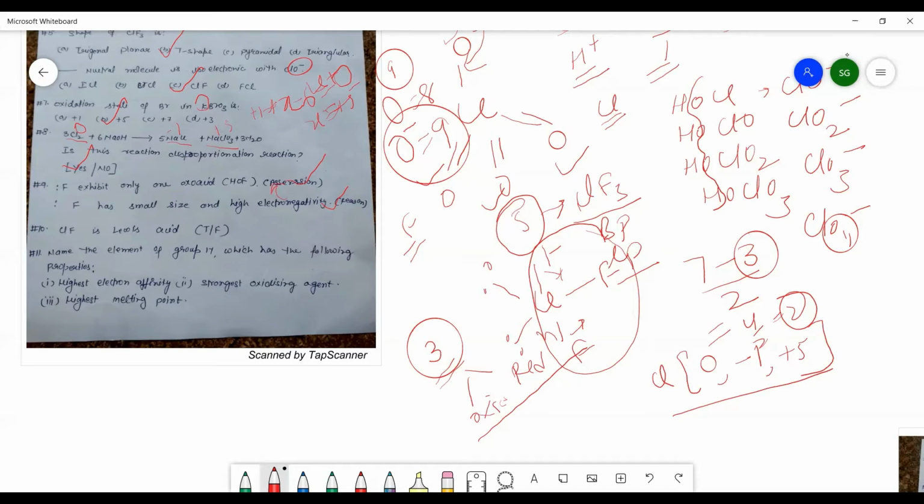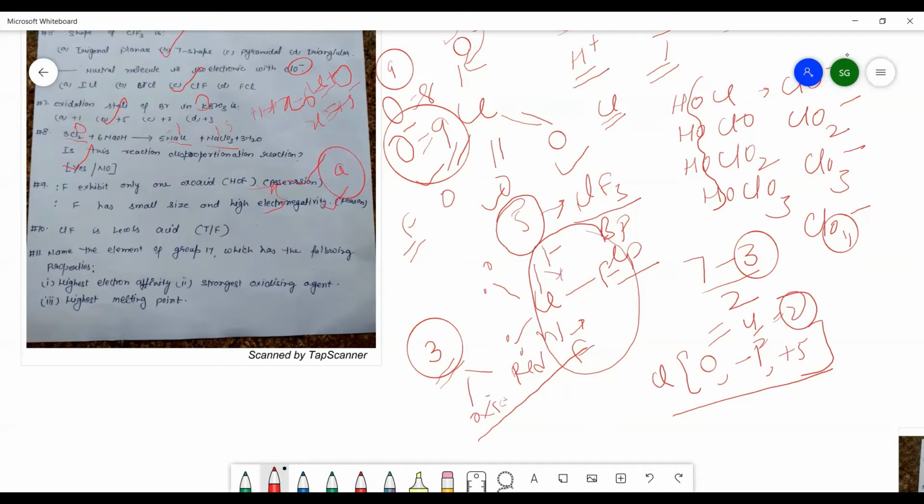Yes, the reason justifies the assertion because fluorine has a small size, it cannot extend its coordination number, and it has a high electronegativity. So it cannot exist in positive oxidation states. So it has only one oxo acid, that is HOF. So we can say that option A is right. Assertion and reasoning both are right, and the reason justifies the assertion.